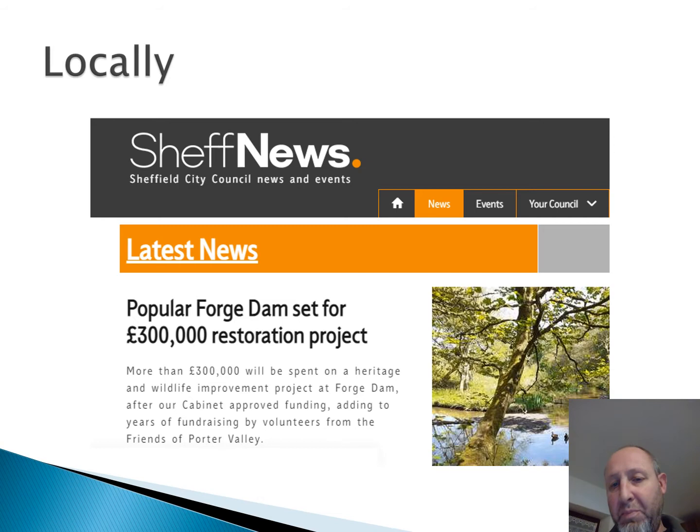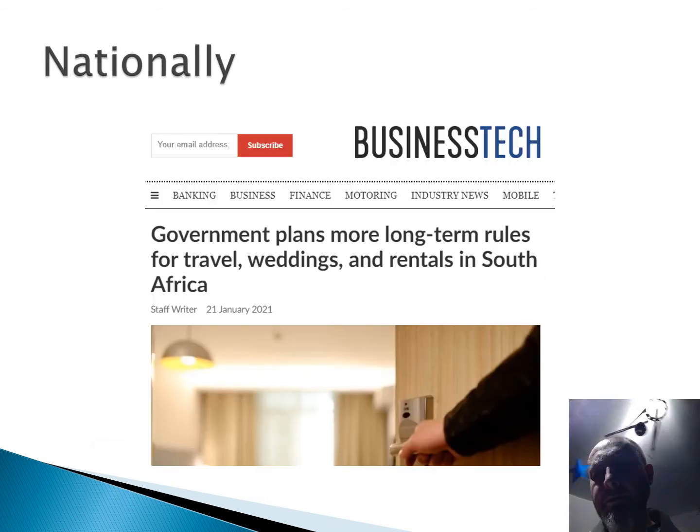There's a nice little picture of the ducks that are living in the Forge Dam. And Sheffield City Council are planning to spend some 300,000 of beautiful Sheffield British pounds, and their local cabinet approved the funding, and they've got some volunteers called Friends of Porter Valley.